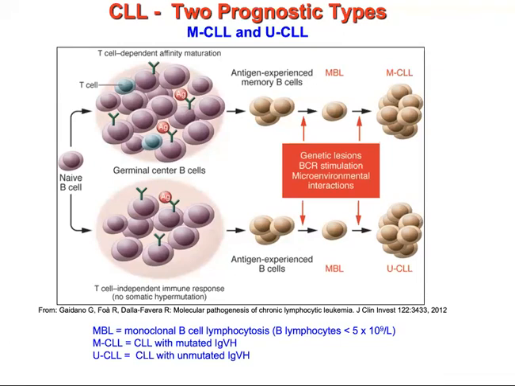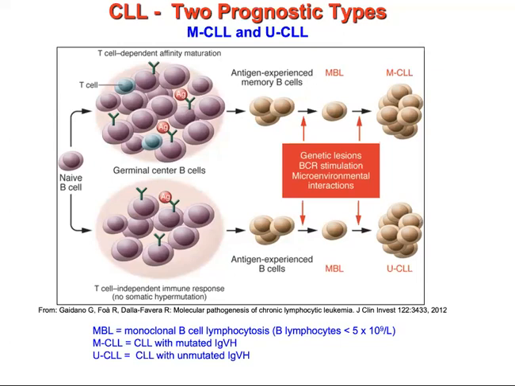The T-cell dependent maturation occurs at the germinal centers of the lymph nodes. So when the antigen comes in contact with the B-cell receptor, the cell divides rapidly, and then the genes that code for that variable region of the immune globulin receptor undergo the process called somatic hypermutation. So that's what I was talking about before.